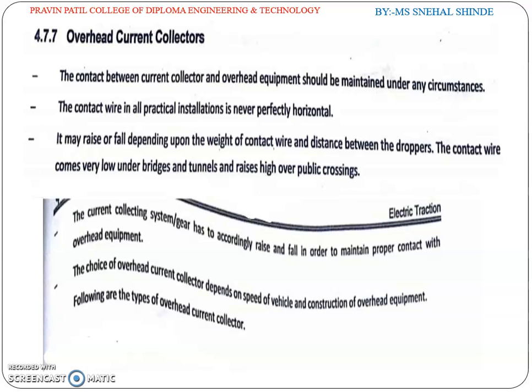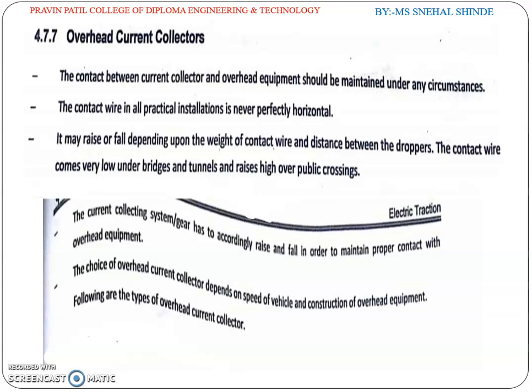The contact wire comes very low under bridges and tunnels and rises high over public crossings. So the current collecting system or gear has to accordingly rise and fall in order to maintain proper contact with the overhead equipment.